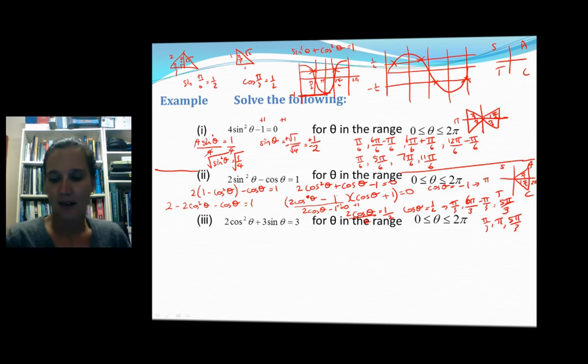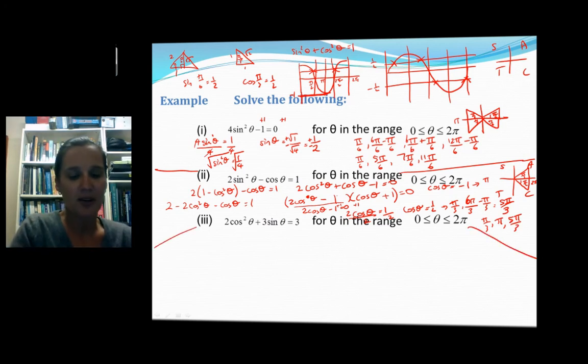Okay, so moving on to our third problem here. We have 2 cosine squared theta plus 3 sine theta is equal to 3. Same as before, we want to change this cosine squared theta into a sine squared theta. Well, cosine squared theta is 1 minus sine squared theta.